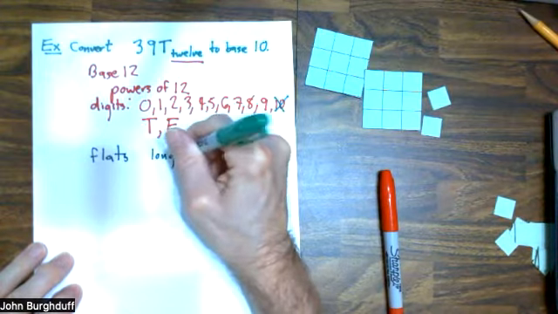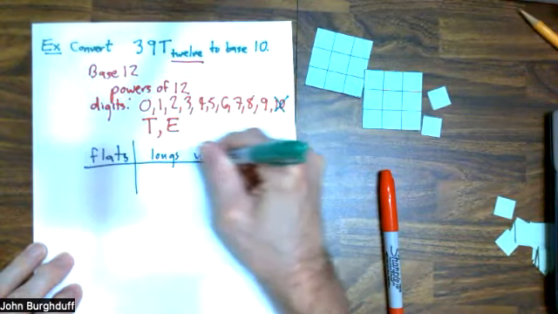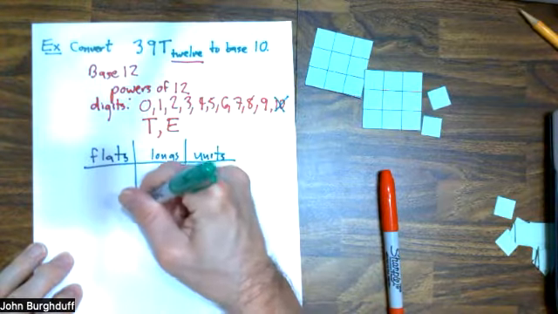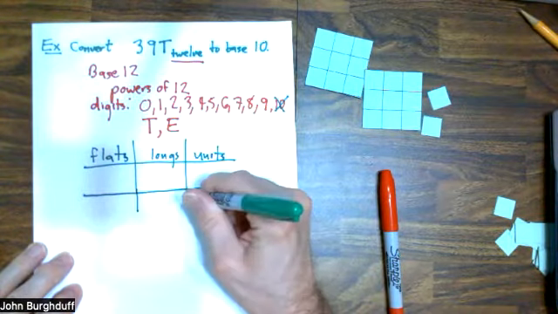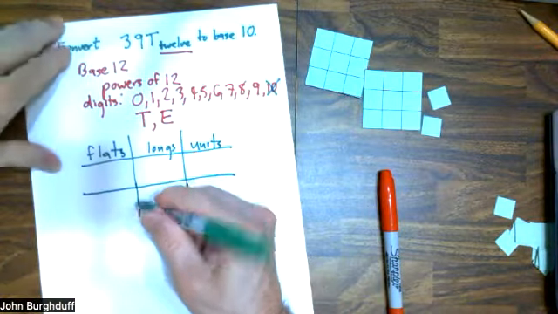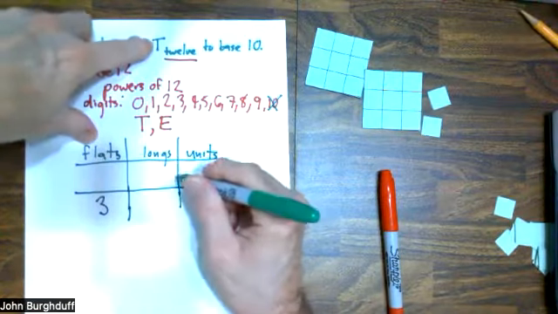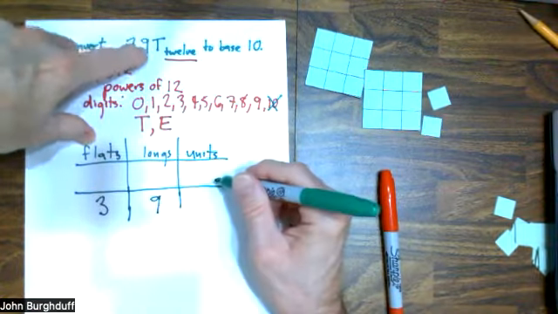longs, and units. Notice how this method works no matter what base you're converting from. Leave yourself a space because we're going to think about what those mean a little bit more carefully. And then write into your chart how many of each you have. You have 3 flats and you have 9 longs.